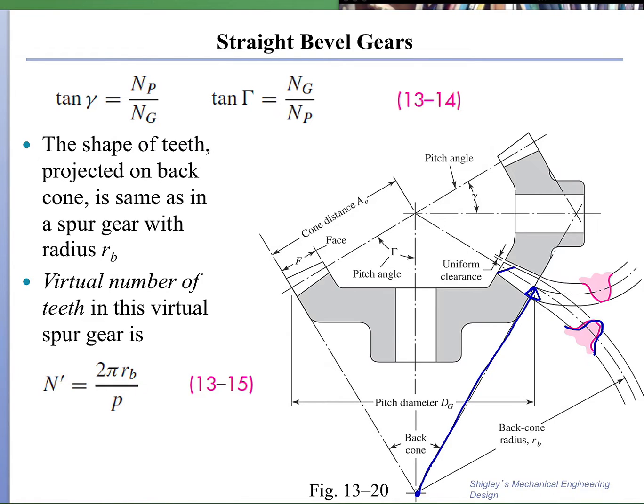And now if we take this tooth and look at the circle here, then the circle has a cone radius of r sub b. This is the base radius for that circle.